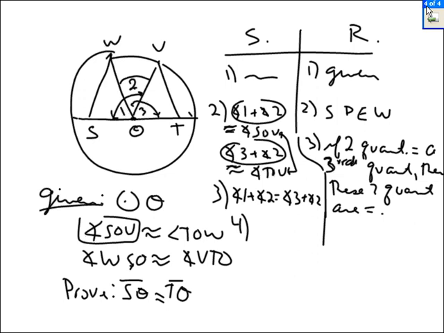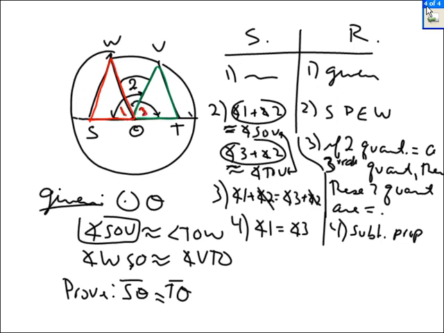Now number 4, subtraction postulate. Angle 1 is equal to angle 3. Subtraction postulate. If you subtract equals from equals, their results are equal. Okay, so now I have angle 1 and angle 3 equal. Actually, what I'm trying to show is that this triangle and this triangle are equal.